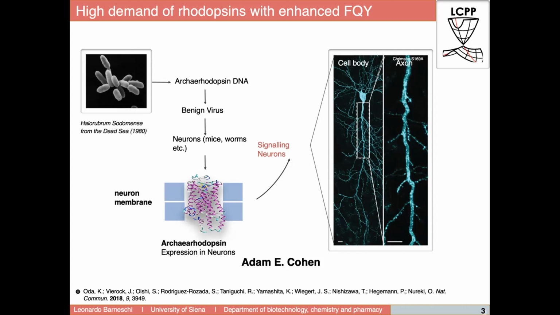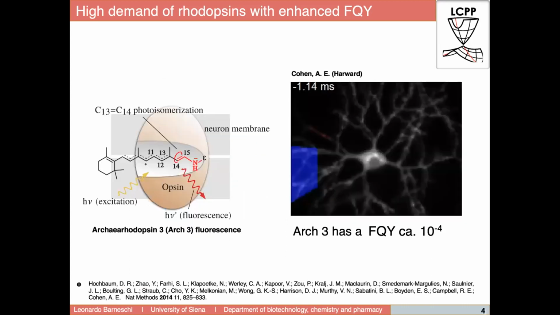And so for this reason, now there is a high demand for rhodopsins which are fluorescent, and the fluorescence is supposed to be sensitive to the membrane voltage, so that I can actually visualize with confocal microscopy what's happening at the single cell level, or eventually at the population level.